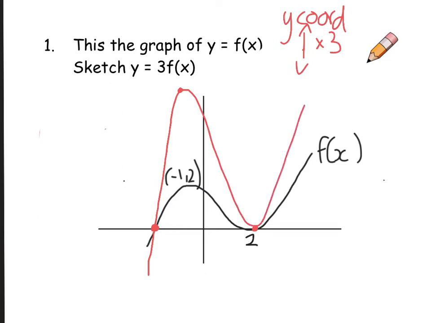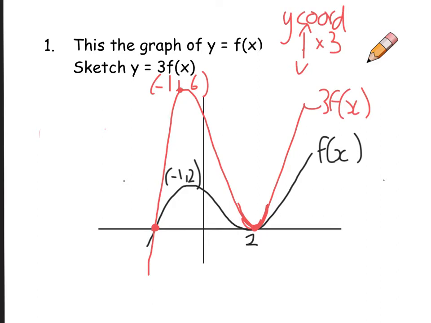Okay. Right, so you'll have to forgive me and make sure that looks like it's sitting on the axis a wee bit better. Okay, so there is my new diagram. It has just stretched. Now, last thing to do is mark on my new turning points. So this -1, 2 is going to now be at -1, 6, because the y coordinate has multiplied by 3. And one last thing to do is label that as the graph of 3f of x.